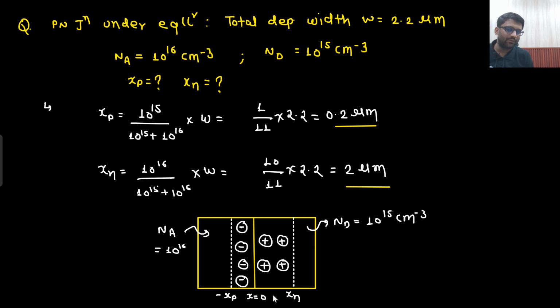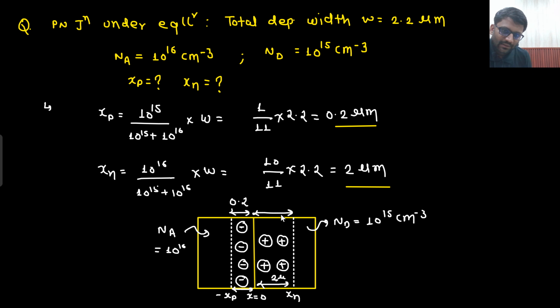So xn would be much wider than xp. This length would be 2 micrometer and this length would be 0.2 micrometer. This much gap is there.